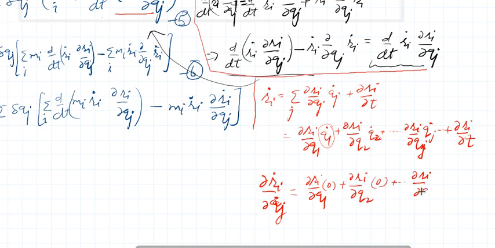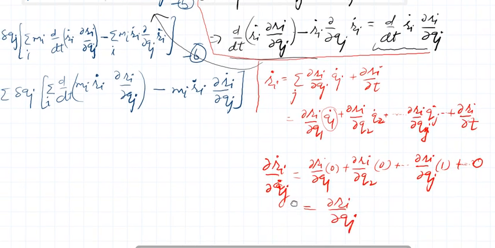The ∂R/∂qj term gives its coefficient, and the last term is also 0 because it is independent of q̇j. So I can simply write it as ∂Ri/∂qj.